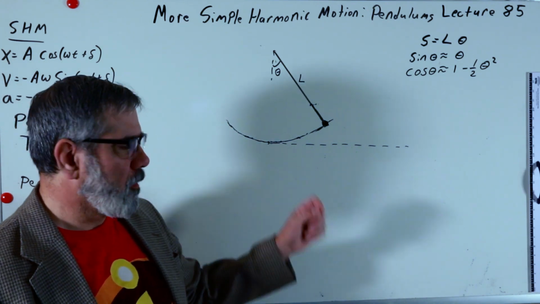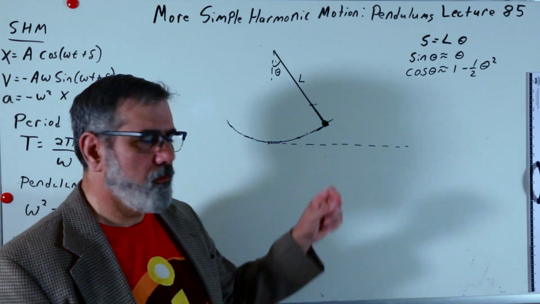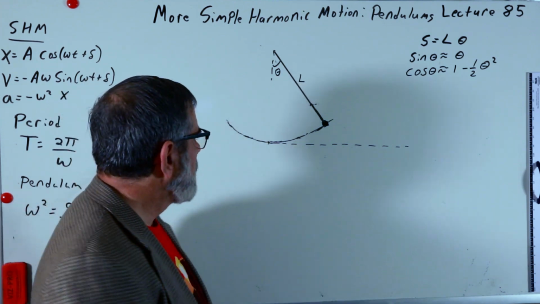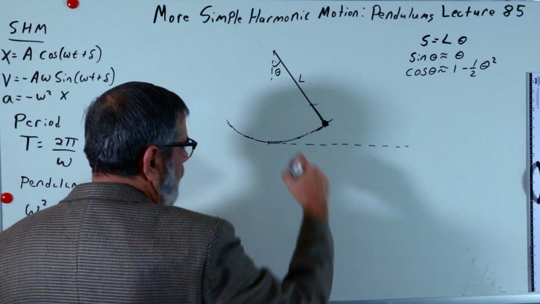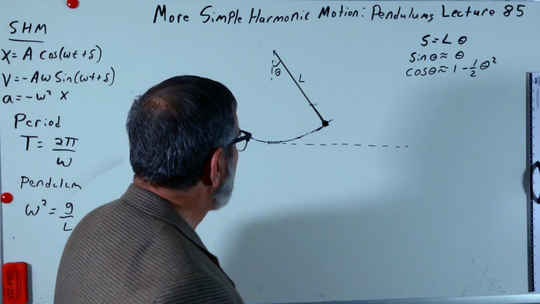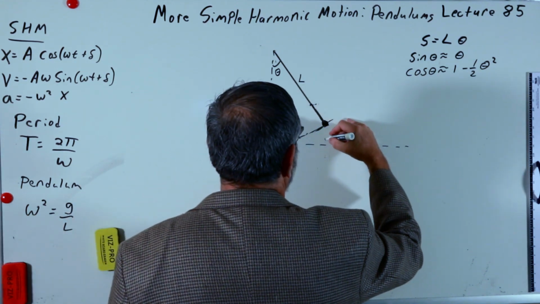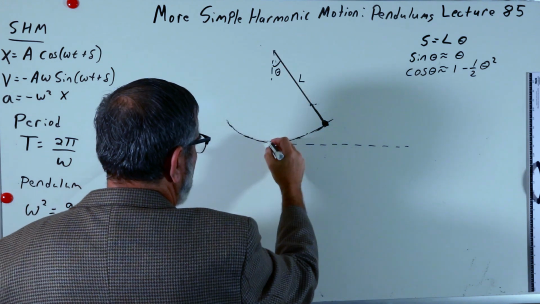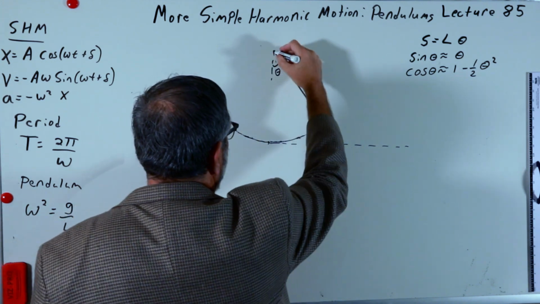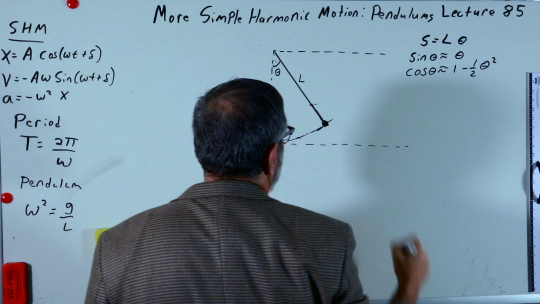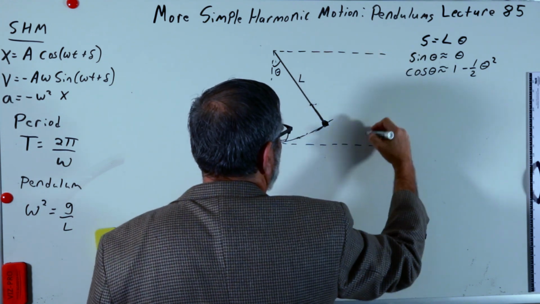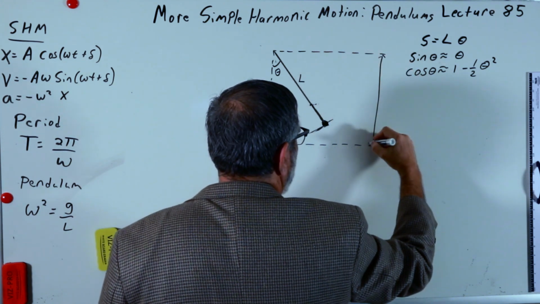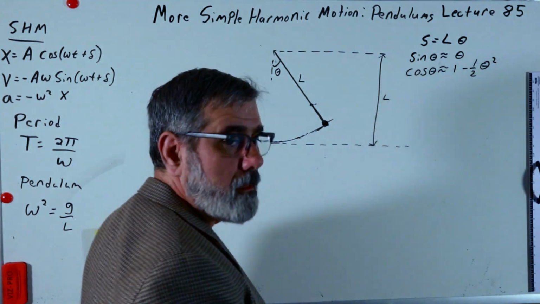So if you choose the floor as 0, then h is just the distance from the floor. So we want to know how we can write the potential energy for this pendulum. When the pendulum is at theta equals 0, it's of length L. So this distance here, from here to here, is just L.